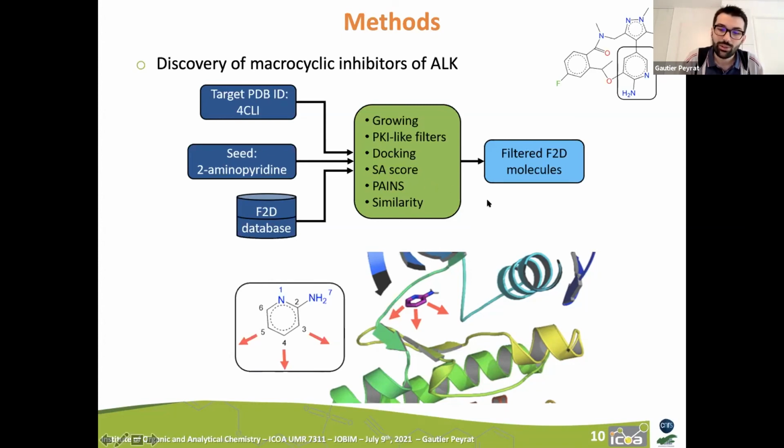But since a few weeks, we have found a deep learning tool that is able to predict the routes of synthesis. With macrocycles, this software has a lot of problems, but recently I sent to one chemist the routes from the deep learning software, and I hope that they will help us to synthesize the macrocycles.